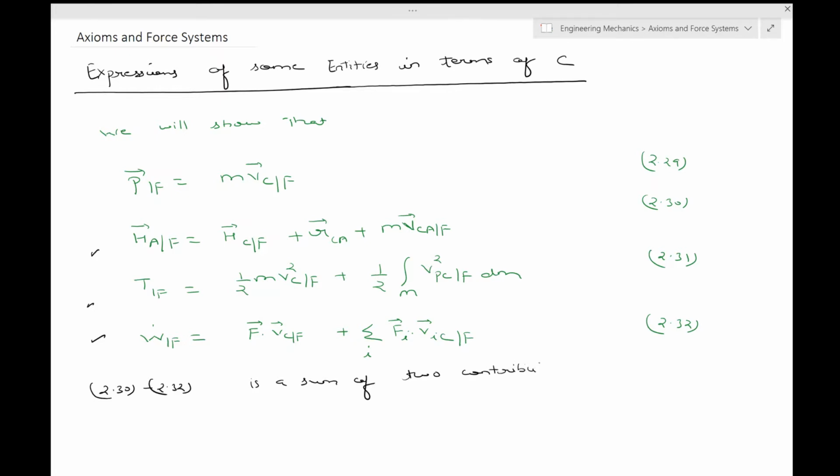Now please focus on the first term of each of these equations.